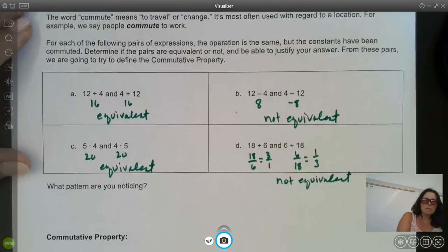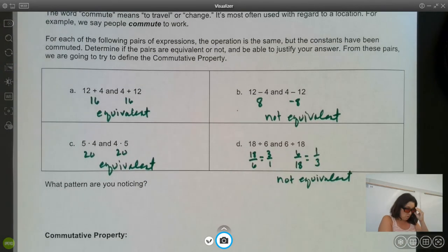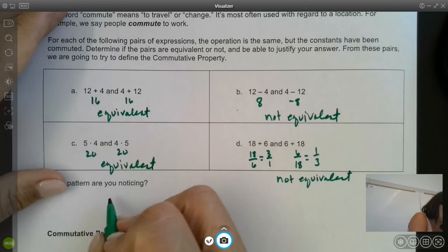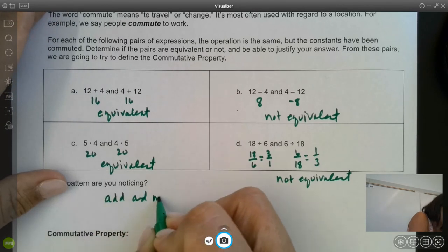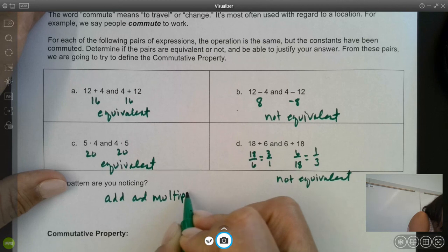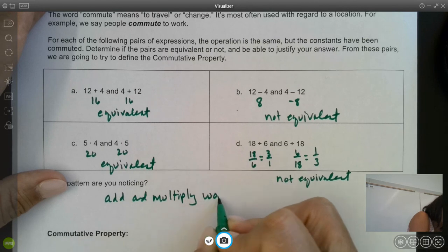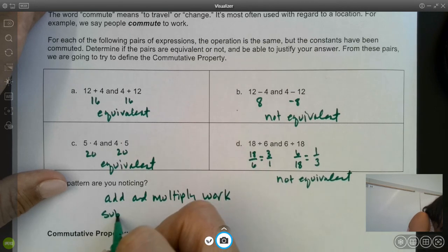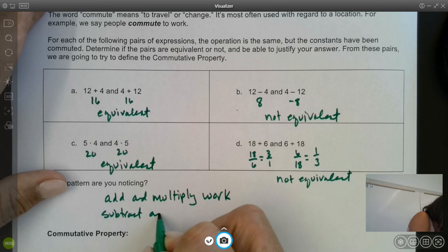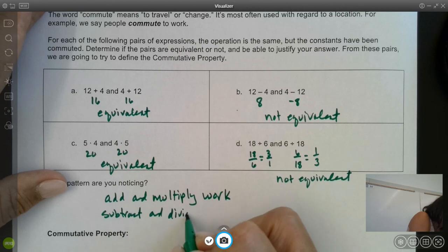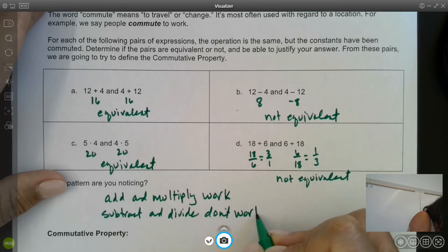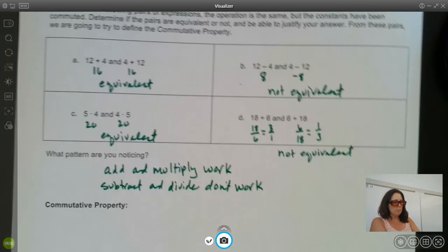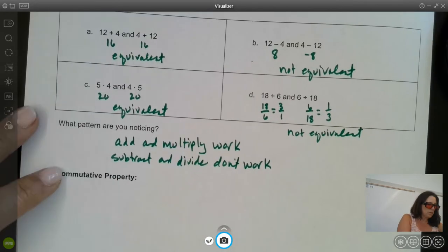Okay, so what patterns am I noticing? Add and multiply work, subtract and divide don't work. It's very important to understand the commutative property.